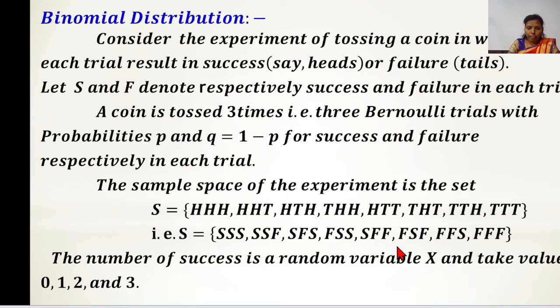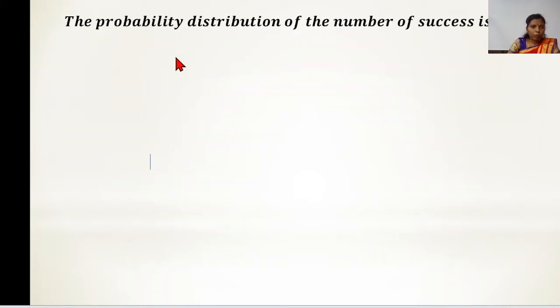If getting 2 heads, the possible outcomes are FSS, SFS, SSF. And for 3 heads, there is only one possible outcome. Now, the probability distribution of the number of successes is as below.